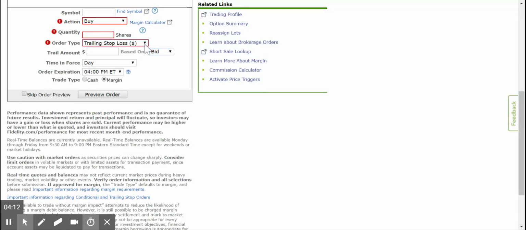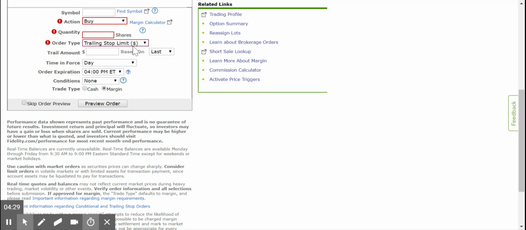I can do a dollar amount or a percentage amount. So I have choices for the stop loss, and that's a trailing stop loss. Once that price or percent triggers, it's a market order to sell. You can also do a trailing stop limit based off a dollar amount or a percent. Once that percent or dollar amount triggers, it puts in a limit order to sell, and that may or may not execute.